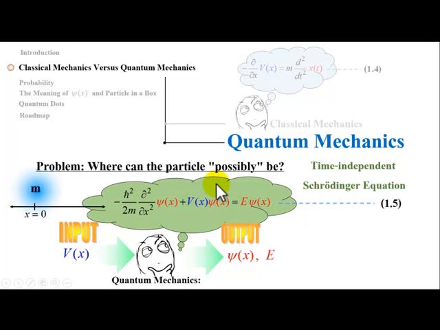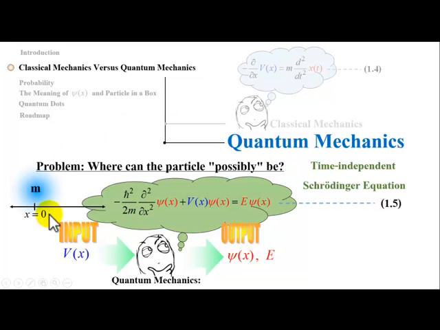On the surface, quantum mechanics is responding to the same question as that of classical mechanics. We want to know where the particle might be. But the way quantum mechanics answers the question is different in terms of the equation being used and how to interpret the solution of the equation.